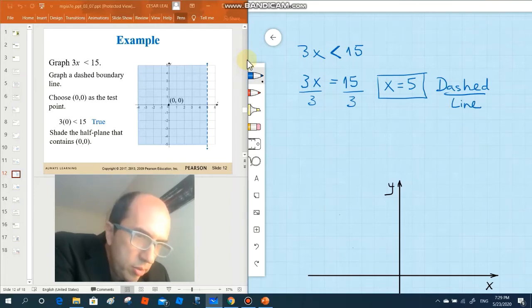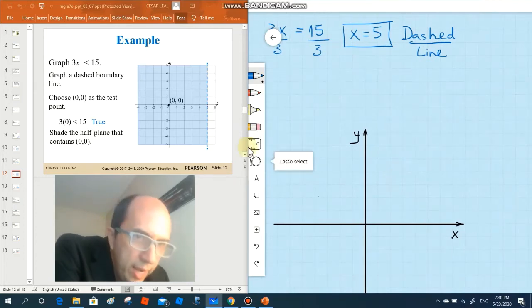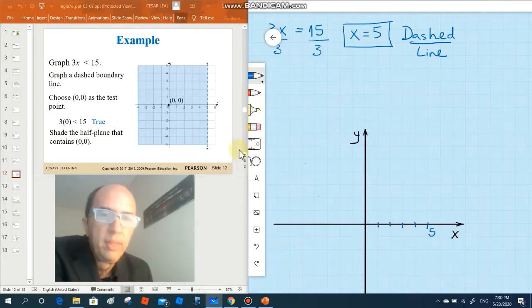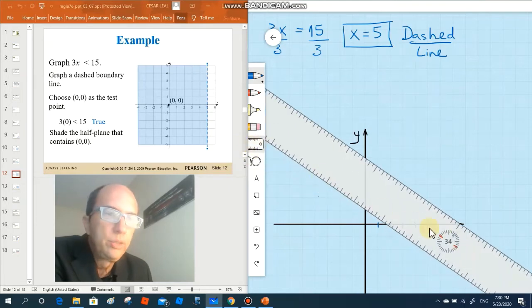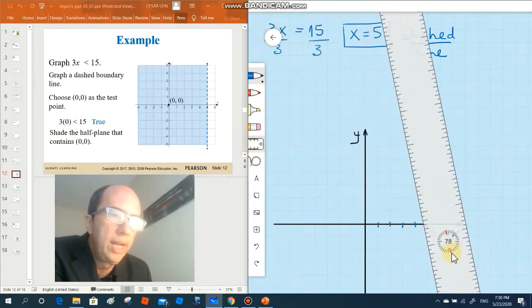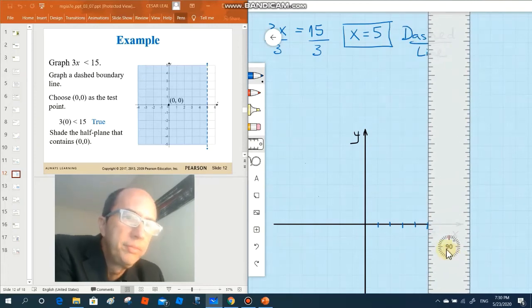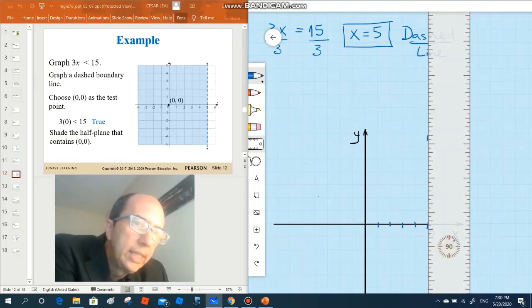And you go here where x equals 5. 1, 2, 3, 4, 5. This is x equals 5, a typical vertical line equation, right? Now remember, you need the dashed line.